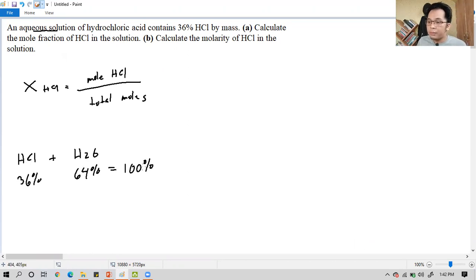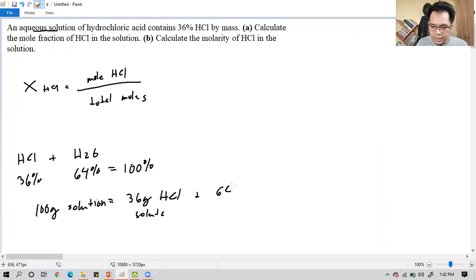Now, we have to assume that we have 100 grams of solution, which is composed of the HCl, the solute, which is 36 grams, and the 64 grams is the water, which is the solvent.